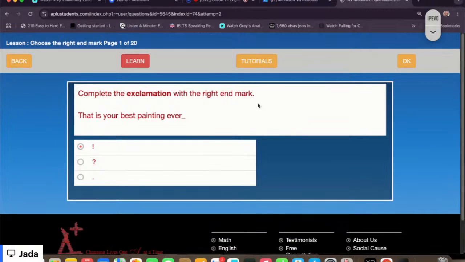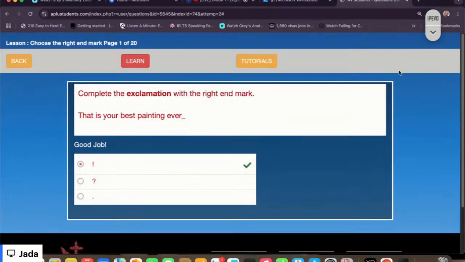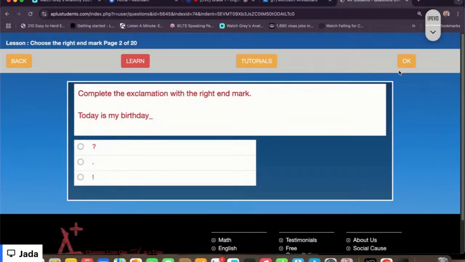Okay, so we have exclamation because it says complete the exclamation. The sentence is obviously an exclamation.